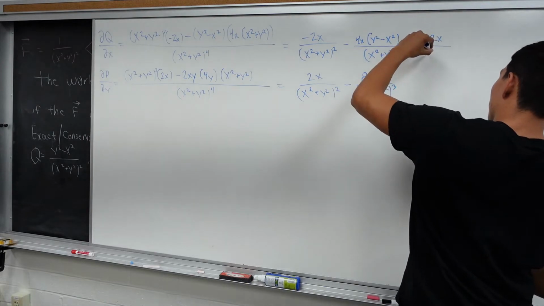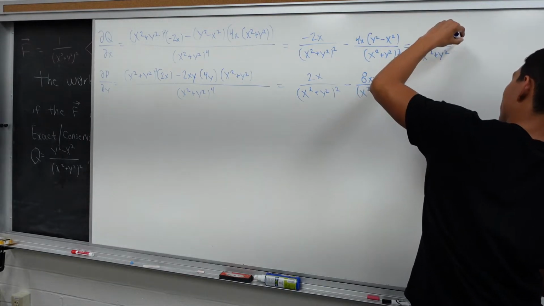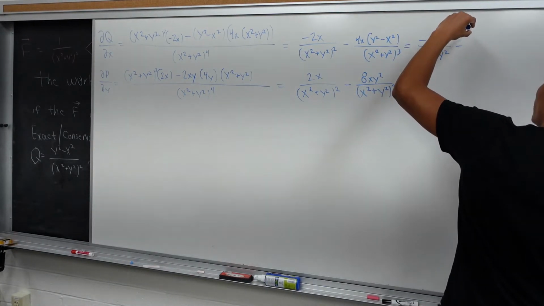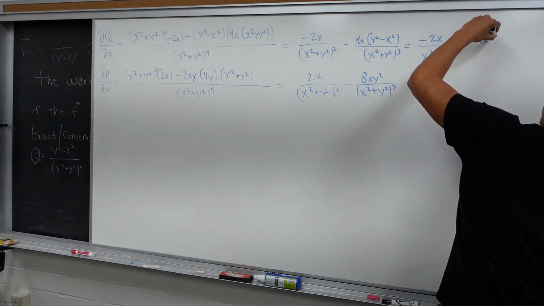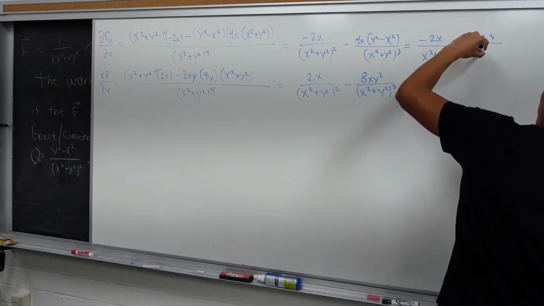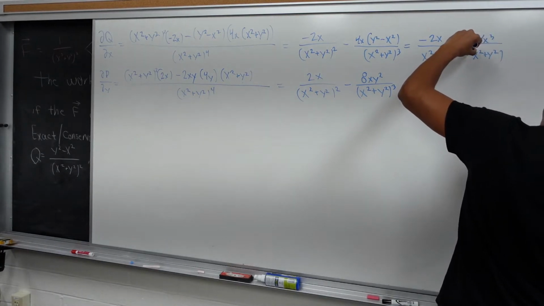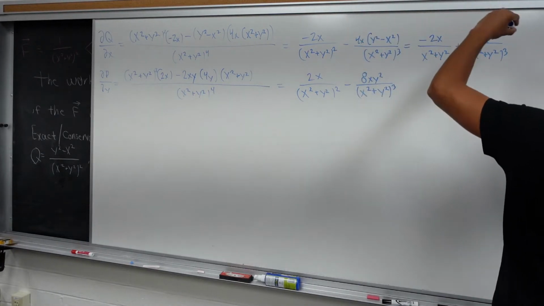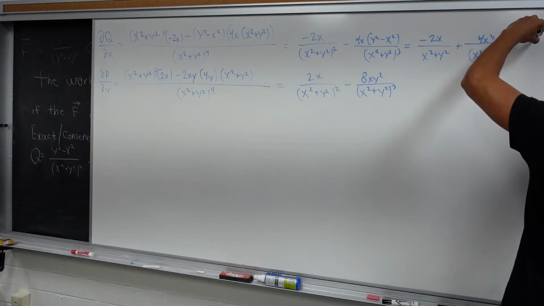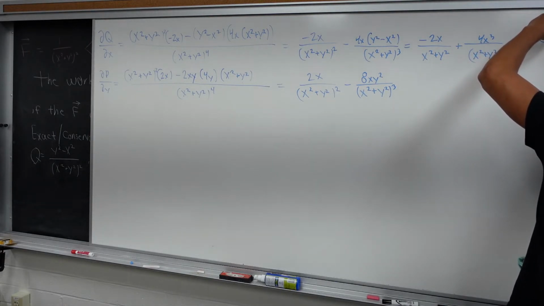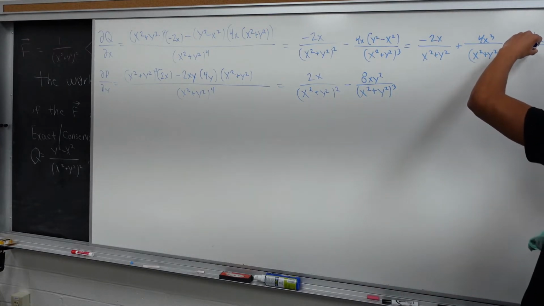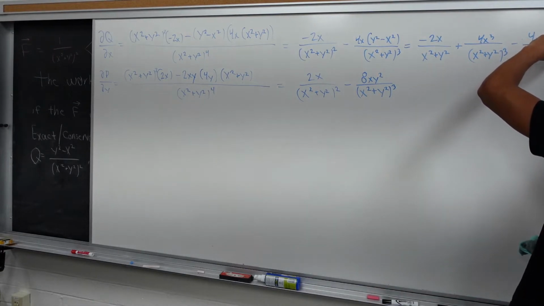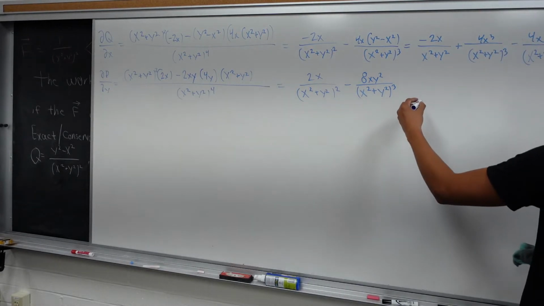Negative 2x, x squared plus y squared, and it'll be plus 4x cubed over x squared plus y squared cubed, minus 4xy squared over x squared plus y squared cubed.